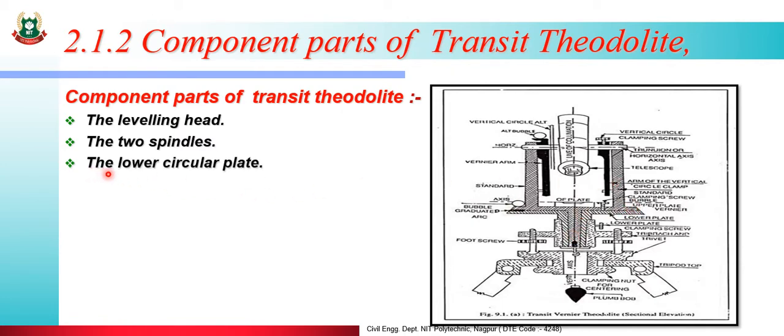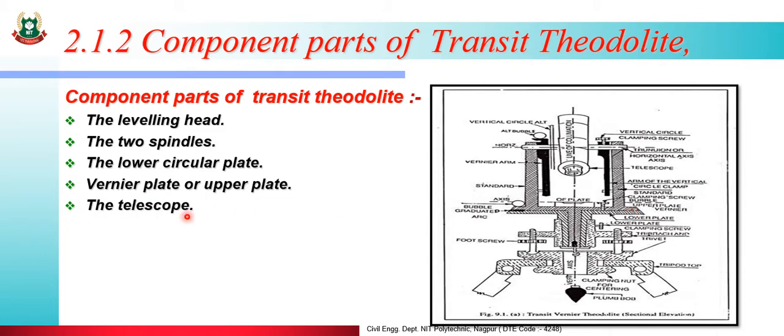The lower circular plate. This is a lower circular plate. Then Vernier plate or upper plate. This is an upper plate or Vernier plate.